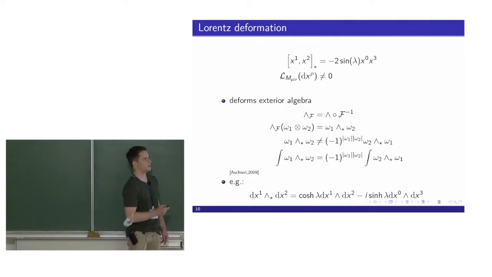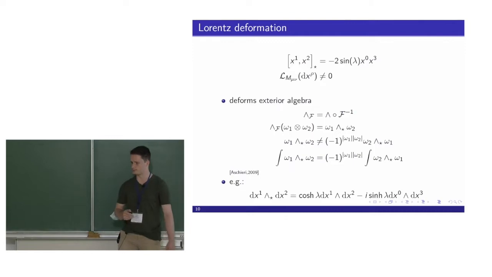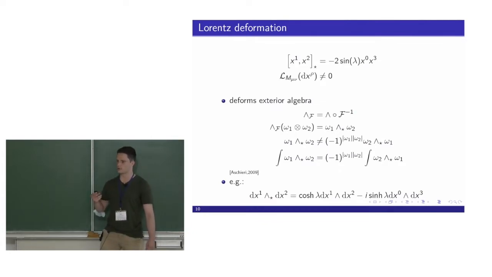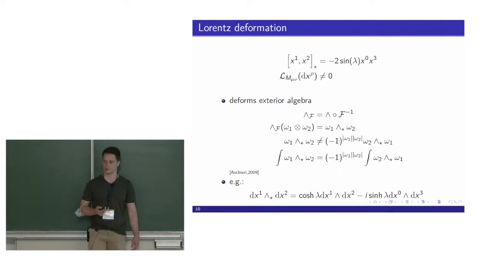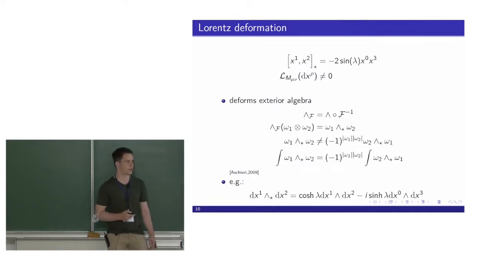So here, as I told you, the twist also sees basis 1-forms. And this is more involved than the canonical case, because it means that we also need to deform the exterior algebra between forms. So basically, we do the same with the wedge product that we did for the pointwise product between functions.